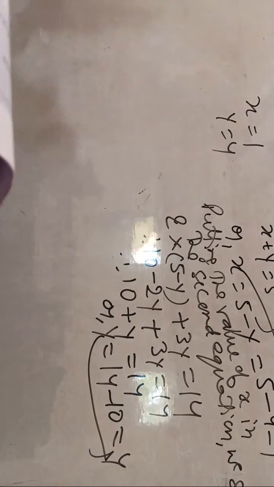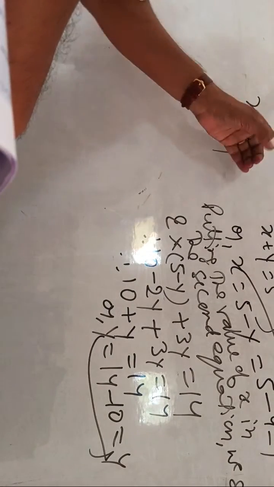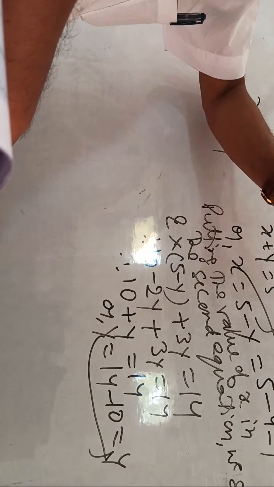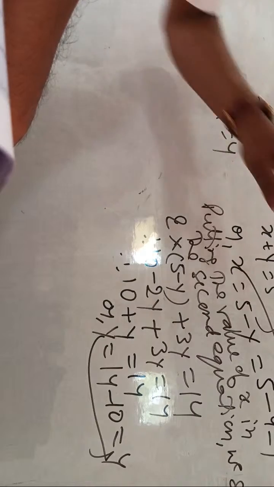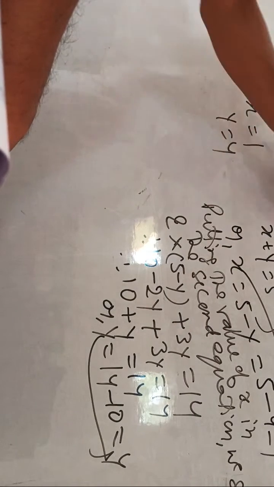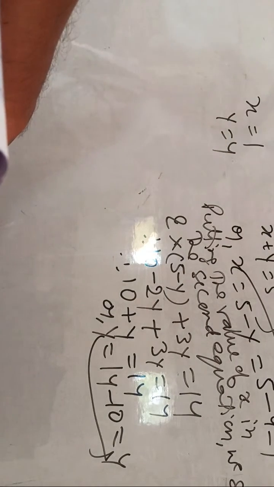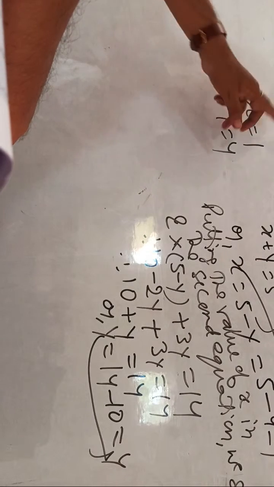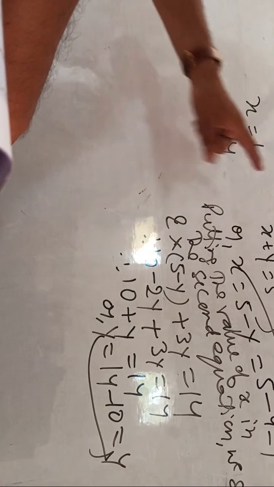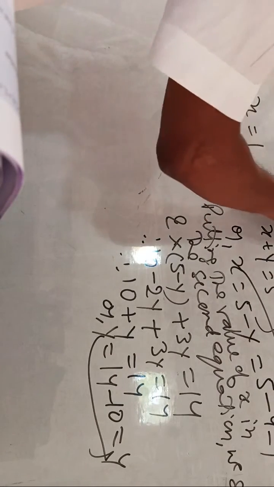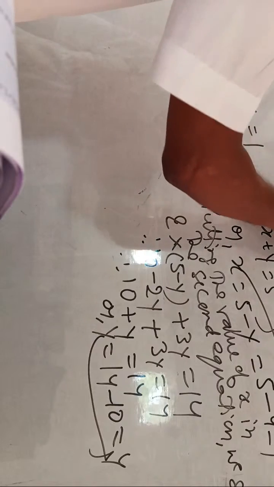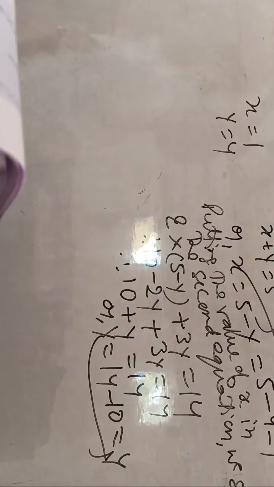Now, you put 1 and 4 in the first equation: 1 plus 4 is equal to 5. And when you put 1 and 4 in the second equation, 2 into 1 is 2, plus 3 into 4 is 12, 12 plus 2 is 14.